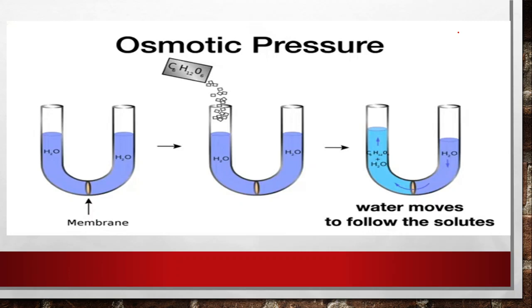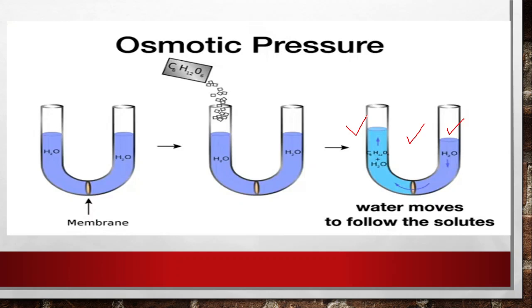So water will move to follow the solute, and this is osmosis. This is a practical example which shows that in osmosis the water molecule moves from an area of high concentration toward an area of lower concentration, or you can define it in another way, that water moves from an area of low solute concentration toward a high solute concentration.